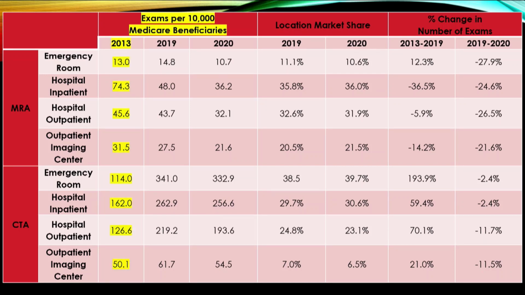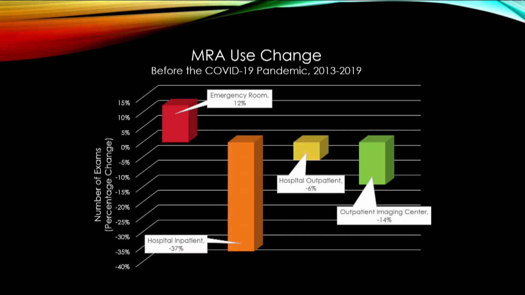So we can look at the number of exams and their change right before the pandemic. With MRA in the emergency room, there was an increase in use, and in the hospital, both inpatient and outpatient, and imaging centers, there was close to a double-digit decrease.